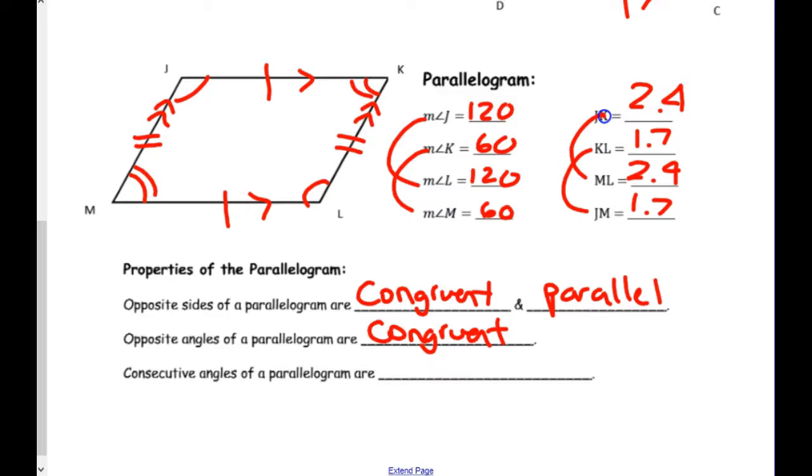But I hope you notice angle L and angle K are called consecutive angles. Okay, in the song that we just heard, it's adjacent angles add up to be 180 degrees. Now, what do you call it when they add up to 180 degrees? What's the fancy word for that? Supplementary. Y'all know that? So guess what? If it's a parallelogram, those consecutive or adjacent angles are supplementary. They add up to 180.